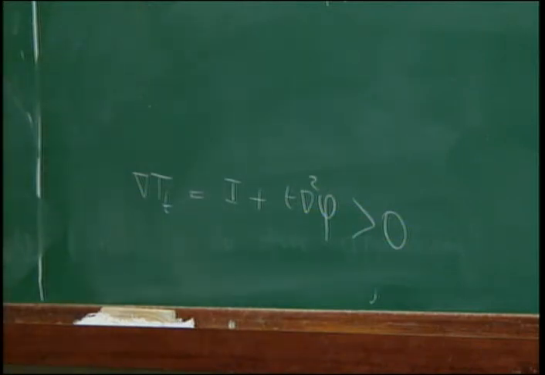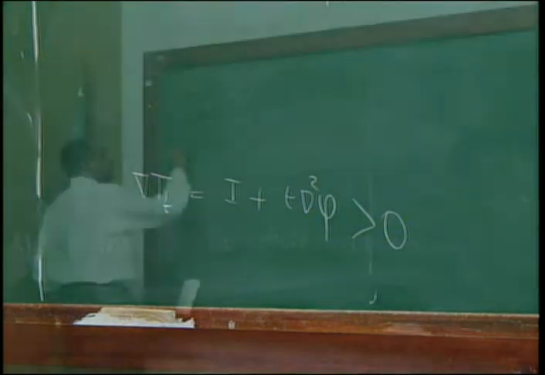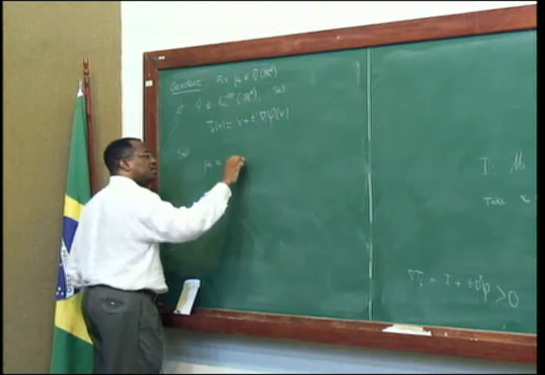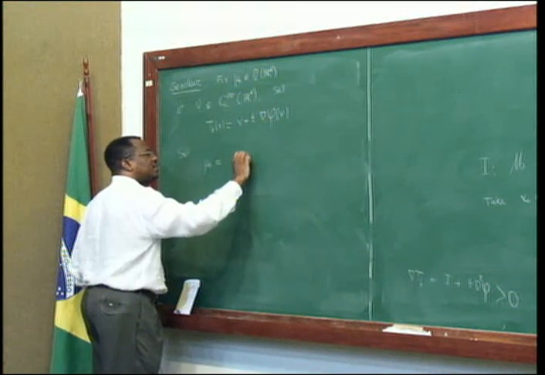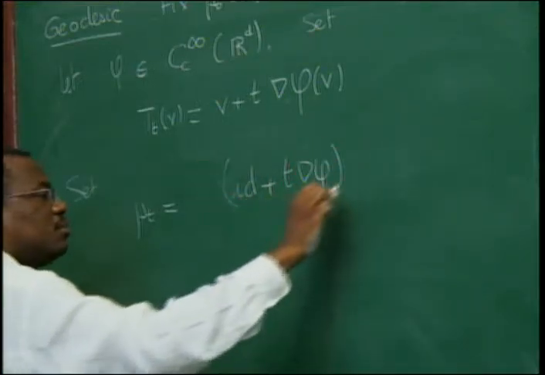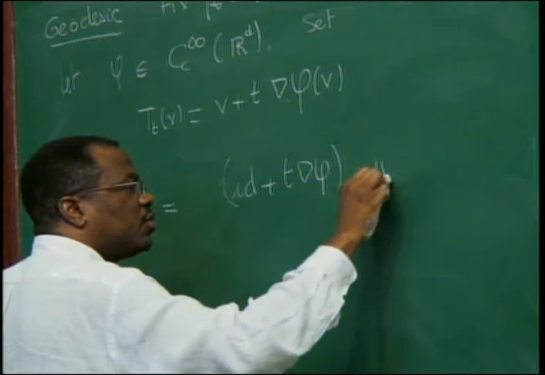And so T_t is the gradient of a convex function. Set mu t to be T_t, so identity plus t, the gradient of phi, push forward mu naught.